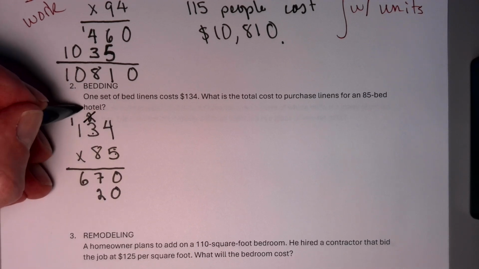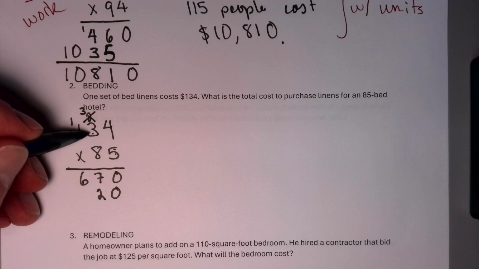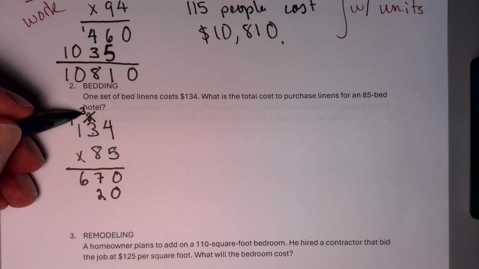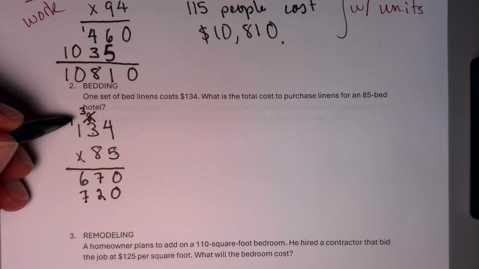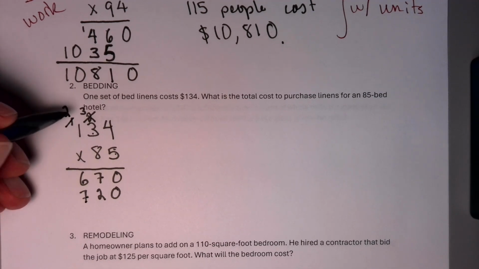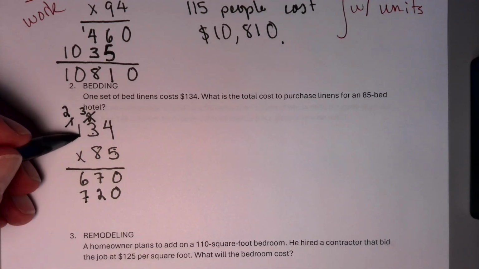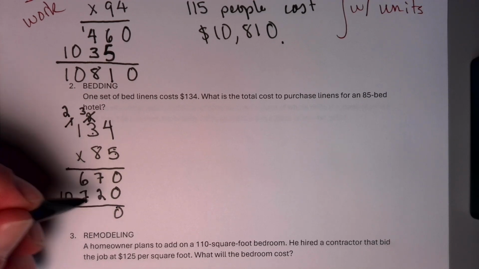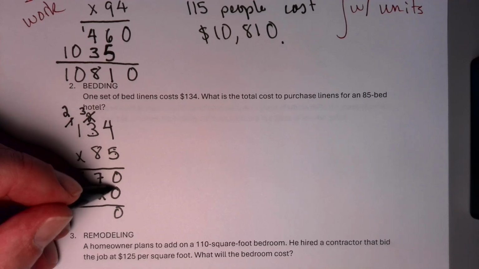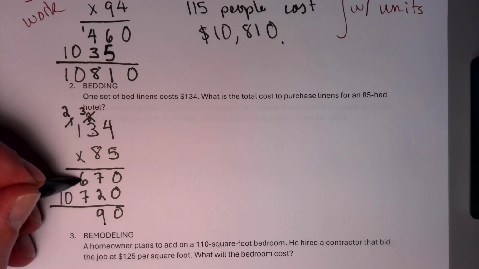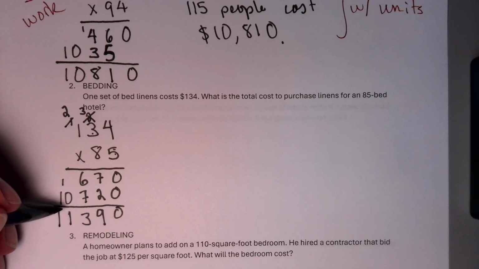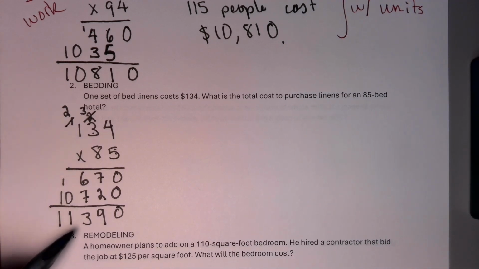So we put the 2 there, and now we're carrying a 3. 8 times 3 is 24. Plus the 3 is 27, and we're carrying a 2. 8 times 1 is 8, plus the 2 is 10. And now we add these guys. 0 plus 0 is 0, 7 plus 2 is 9, 13, don't forget to carry that 1. So I'm getting 11,390.